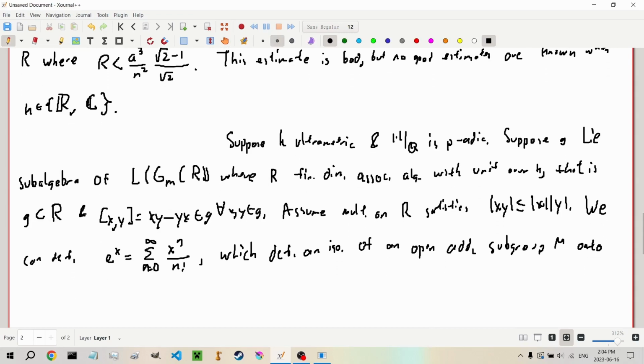So it's an automorphism. Don't know why they seem to not like using that word in this book. Here M is the set of x in our R with valuation greater than the valuation of p over p minus 1.